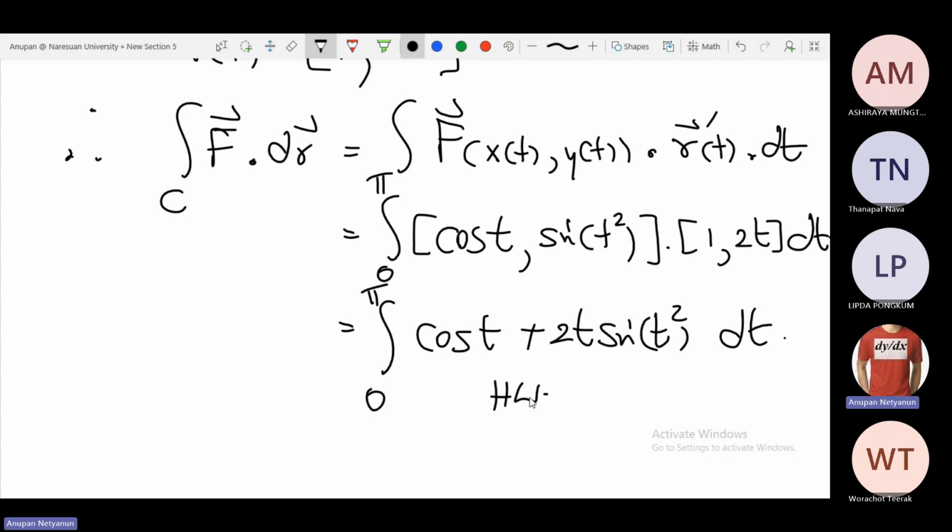The hint is that you might want to use substitution by a new variable. So maybe you select t squared to be u. So you do that technique for integration, substitute by a new variable. I'll let you do this computation at home.